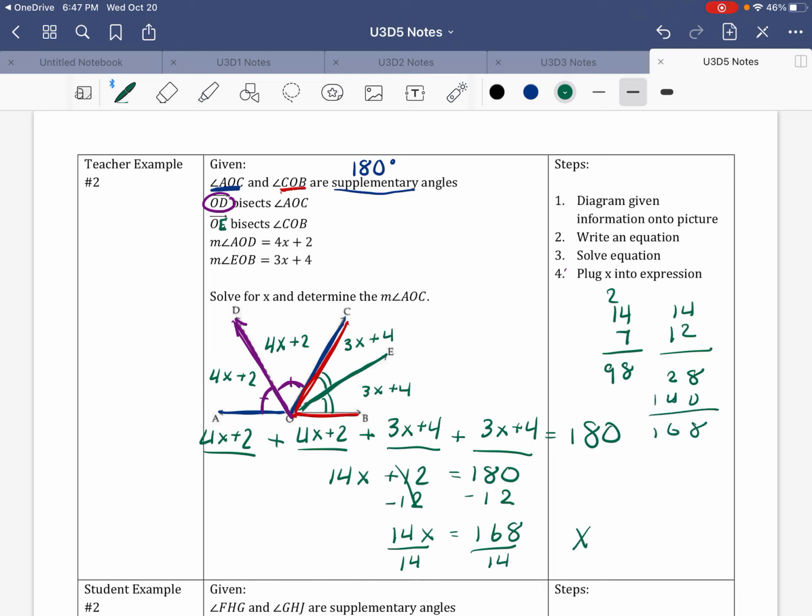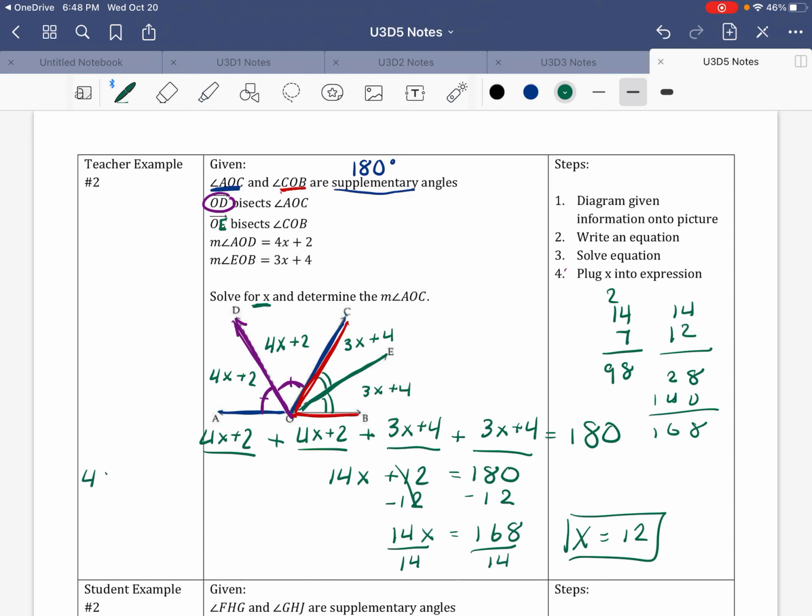There we go. So we know that x is going to equal 12. And that answers our first question. Solve for x. It says then determine the angle measure of AOC. So you know that AOC is going to be this larger or blue angle there. In order to figure out what that is going to equal, we need to plug in our x value.